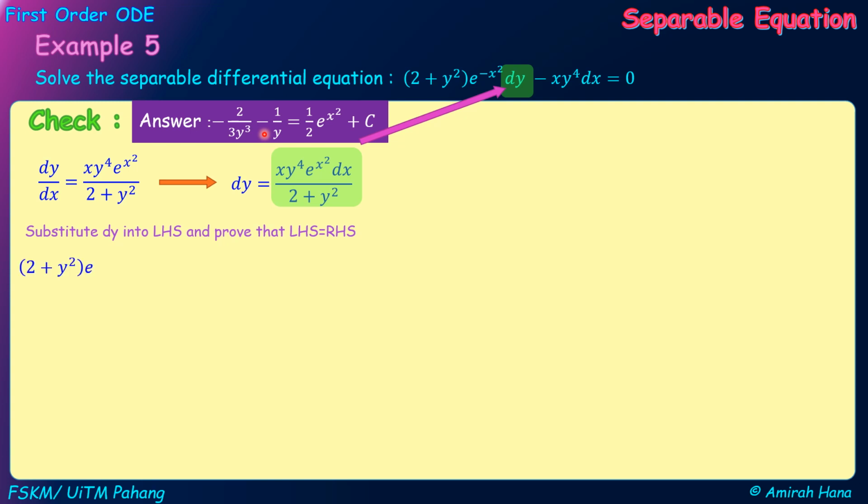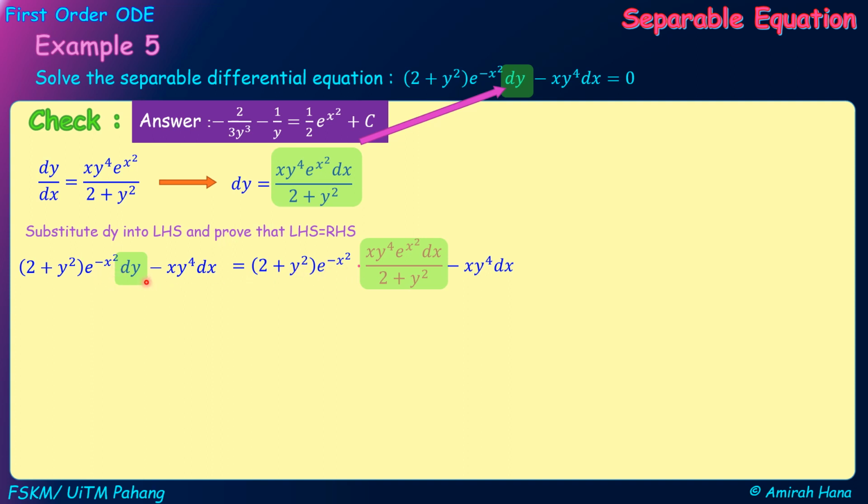So from the left-hand side here, we have 2 plus y squared times e to the power of negative x squared dy minus x y to the power of 4 dx equals 2 plus y squared times e to the power of negative x squared, and then we replace dy with x y to the power of 4 e to the power of x squared dx over 2 plus y squared, and the operation here is multiplication.